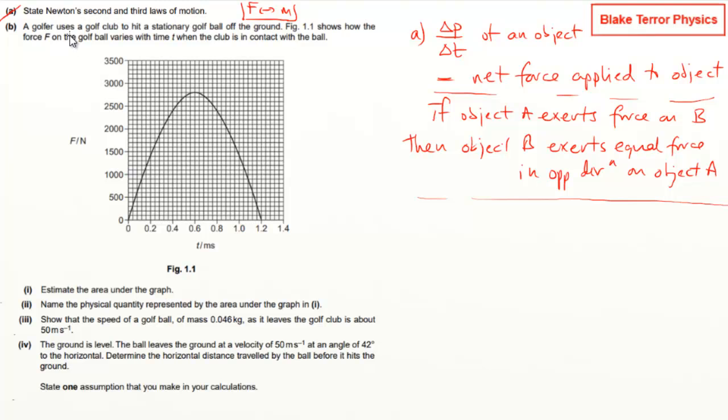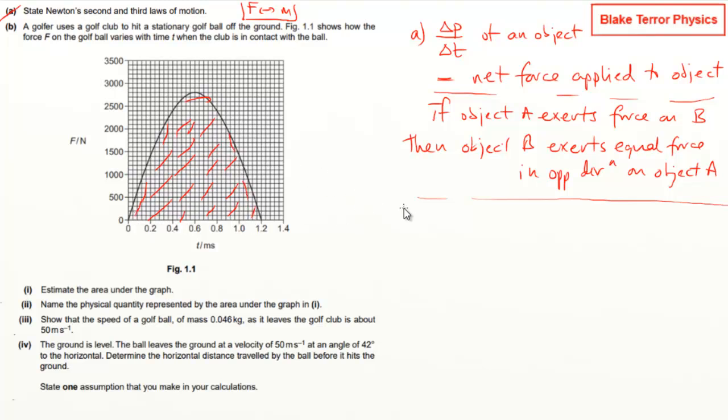Now we can look at this golfer using a golf club to hit a stationary golf ball. This is the force against time graph for that happening. Estimate the area underneath the graph. These are always difficult on screen. Let's count the big squares. 1, 2, 3, 4, 5, 6, 7, 8, 9, 10, 11, 12, 13, 14, 15, 16, so 17 and a bit, 18, 19, 20, 21.